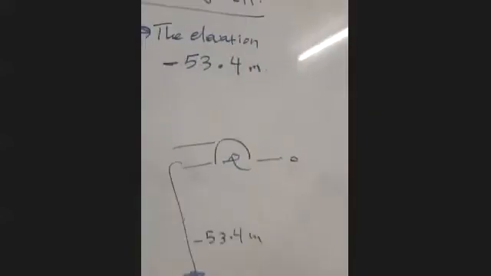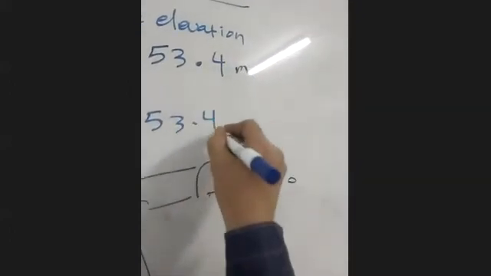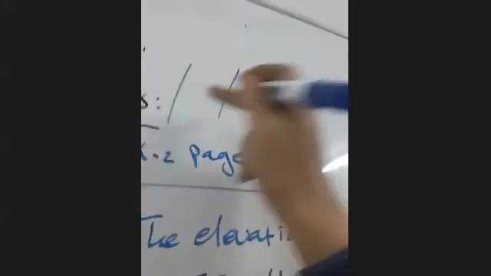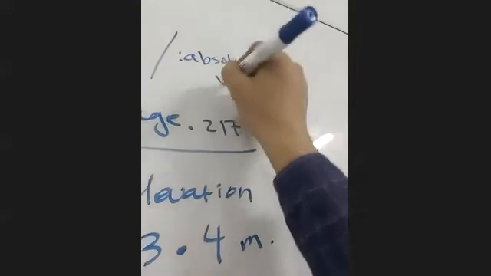Evaluate negative 53.4 inside the bars. What's the meaning of these two bars here? This is the absolute value. When you see this, guys, it means absolute value.